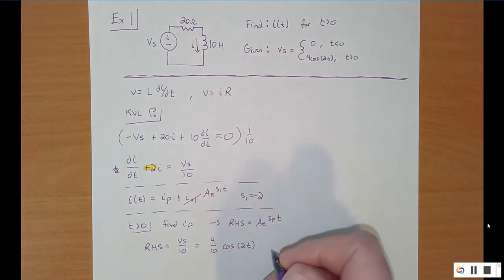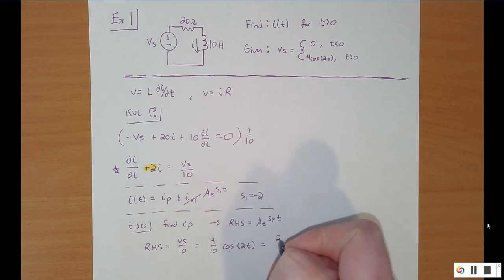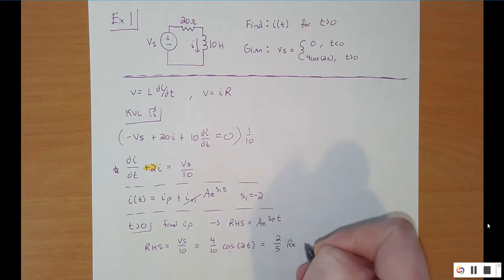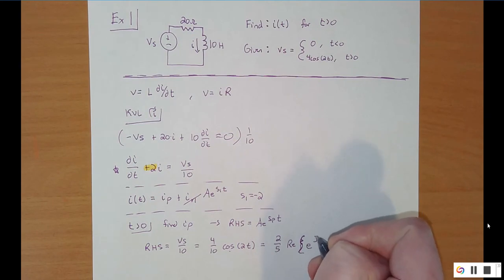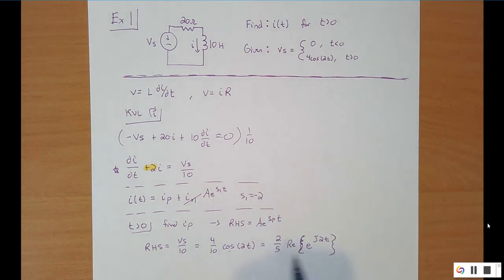The reason we went over Euler's is because we know how to convert this cosine function into an exponential function. So I'll simplify this down to 2/5. And then the cosine function becomes the real part of the exponential, e to the j2t.